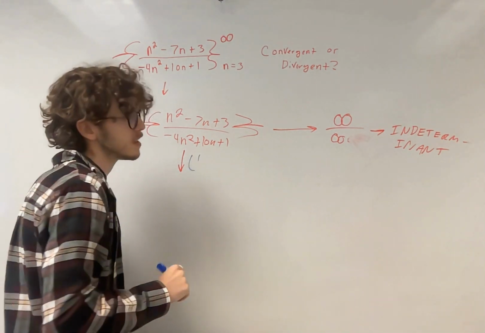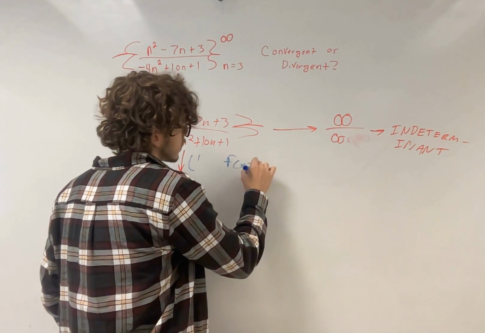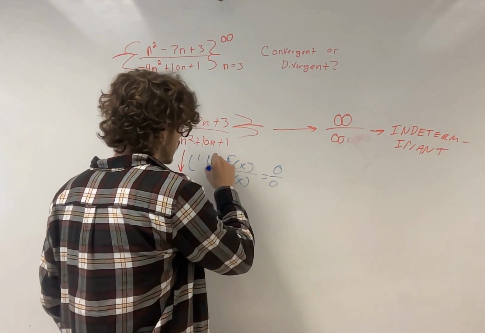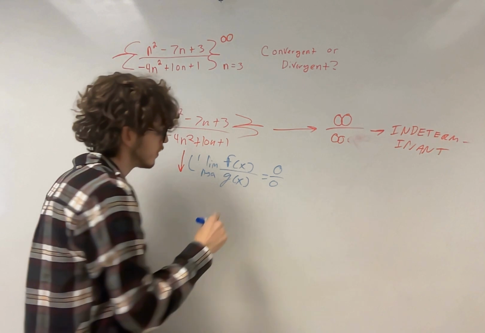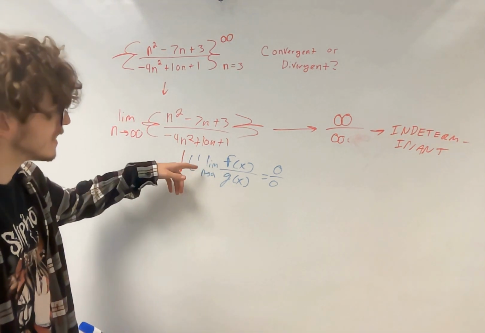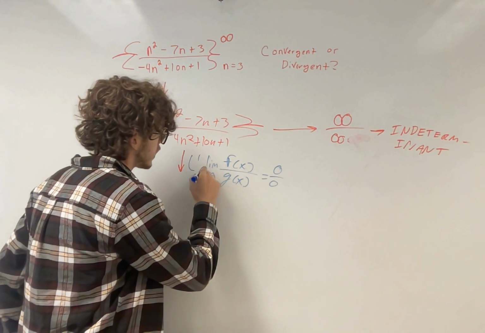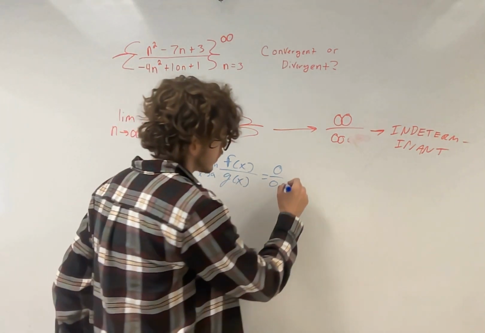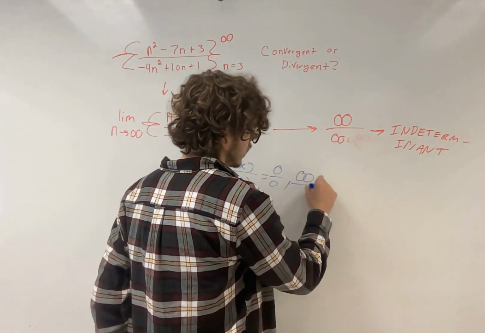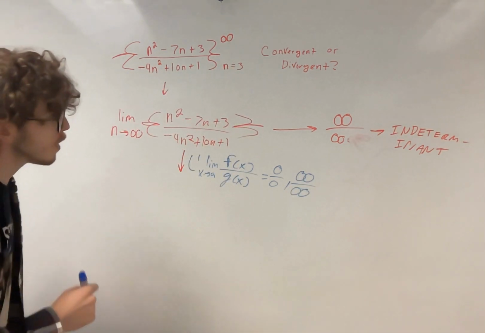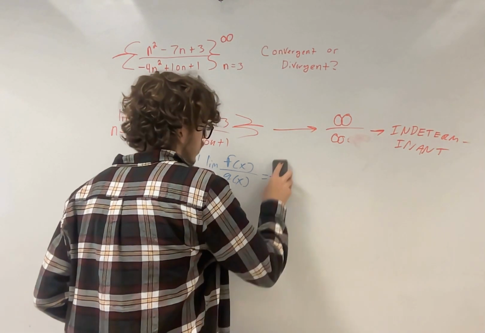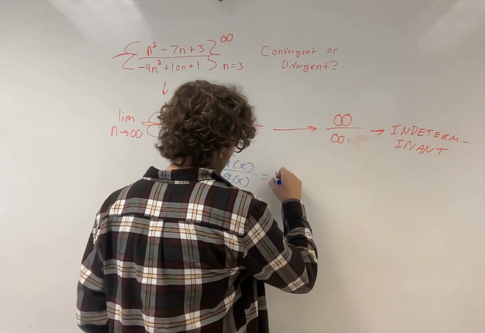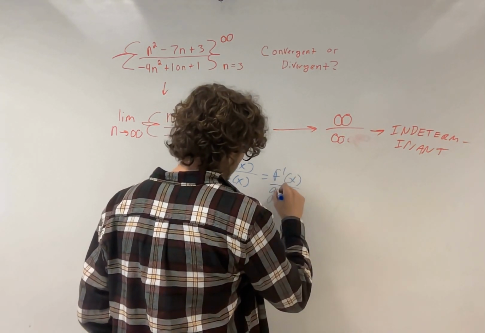L'Hopital's rule says that if the limit as x approaches some value a of a function f of x over g of x equals 0 over 0, or infinity over infinity, then instead of having this indeterminate form, you can say that this is equal to f prime of x over g prime of x.